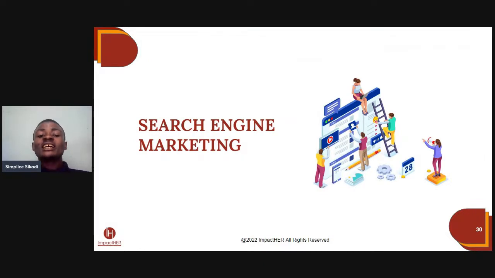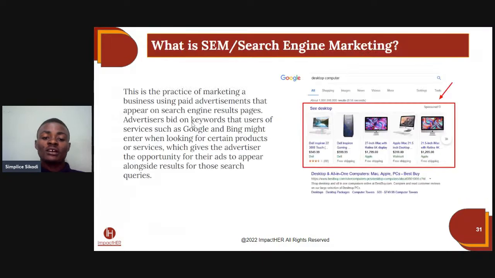But then there is another one called search engine marketing. Search engine marketing is paid, while search engine optimization is free. But search engine marketing is fast, while search engine optimization is slow, right? Search engine marketing means that you're telling Google, well, Google, I don't want to stress, I don't want to go through all that struggle.